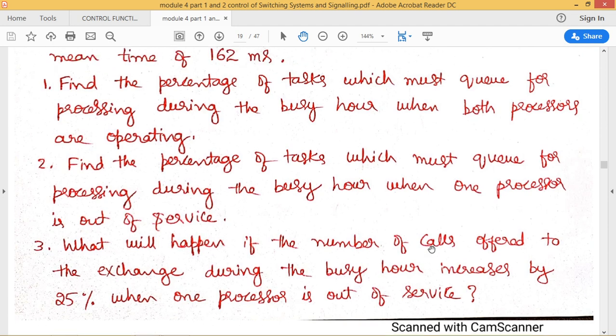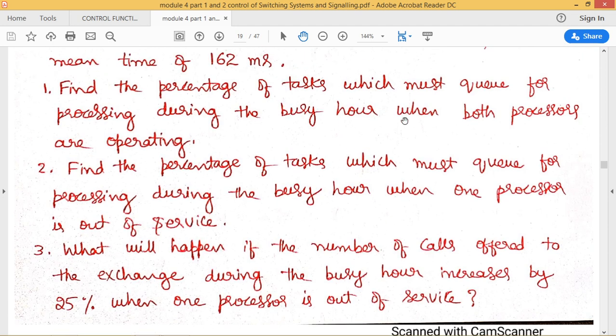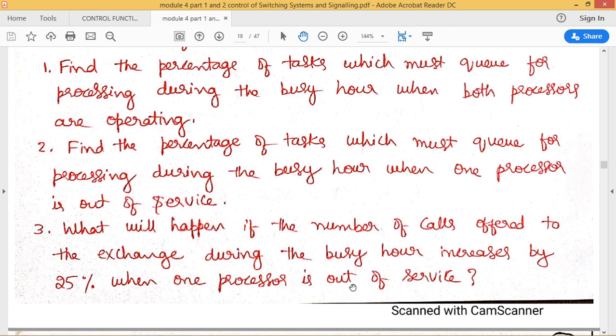So we have three cases: both processors operating fine; only one processor operating; and only one processor operating, but with the load offered to the exchange increased by 25%.